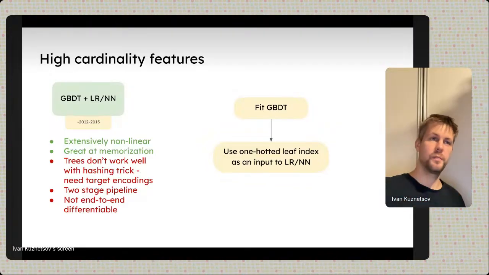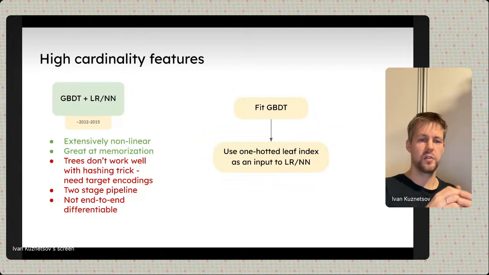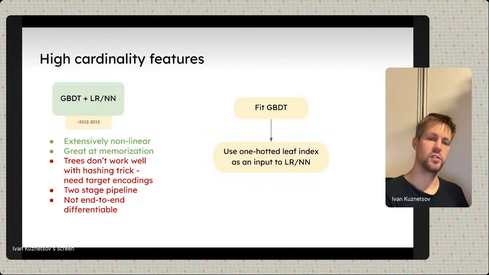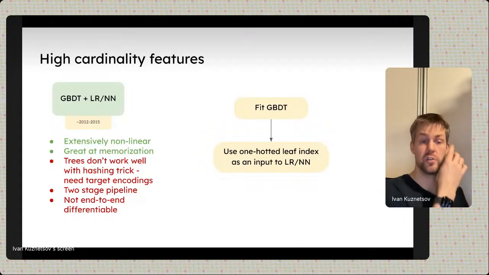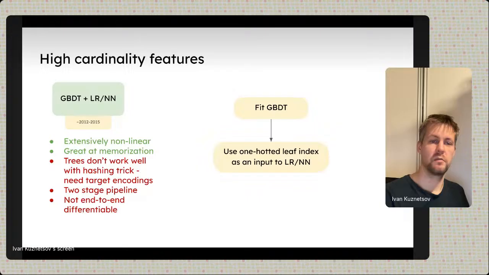You would prefer this to be differentiable end to end, but the problem is that you cannot use the final loss function used for the output of your linear regression or neural network and propagate the error back to the level of your tree. You just propagate it to the level of features, and then the tree works independently. So that's another problem of this approach.